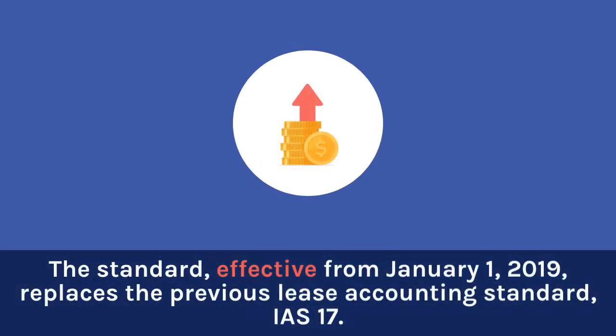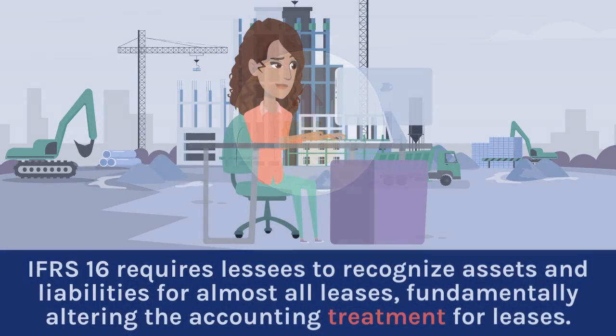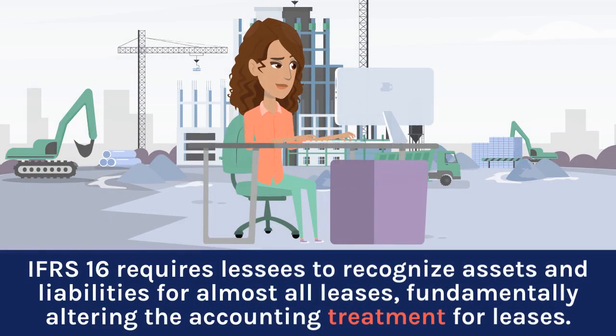The standard, effective from January 1, 2019, replaces the previous lease accounting standard, IAS 17. IFRS 16 requires lessees to recognize assets and liabilities for almost all leases, fundamentally altering the accounting treatment for leases.